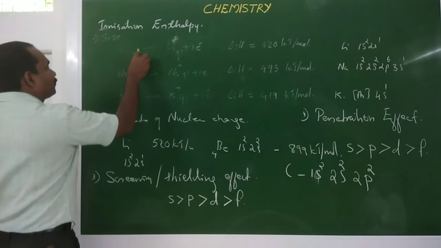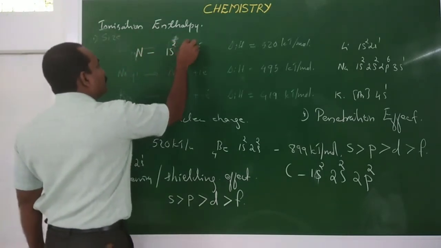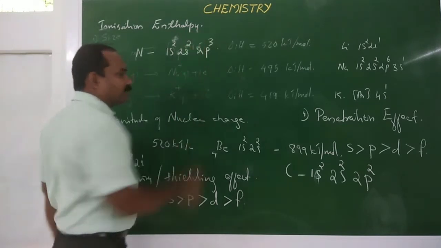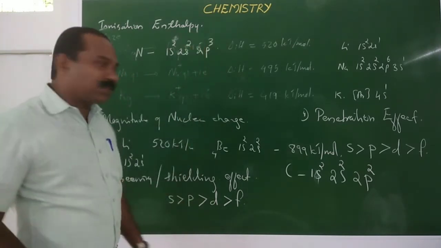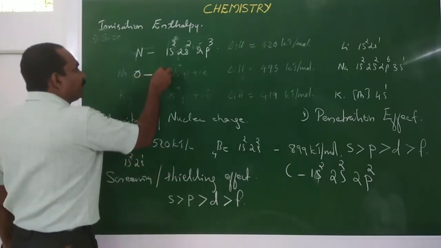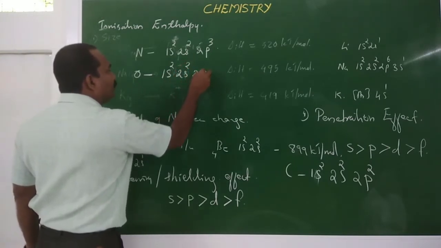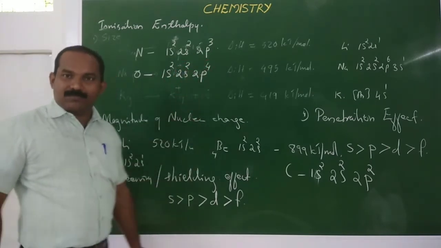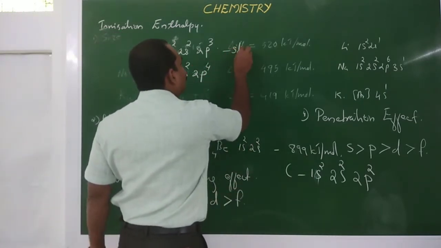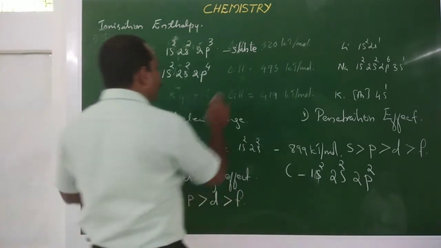In the case of nitrogen, 1s2, 2s2, 2p3. Okay, 2p3. And in the case of oxygen, it is 1s2, 2s2, 2p4. Okay, so this is a stable electronic configuration.